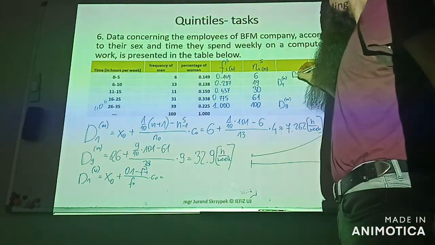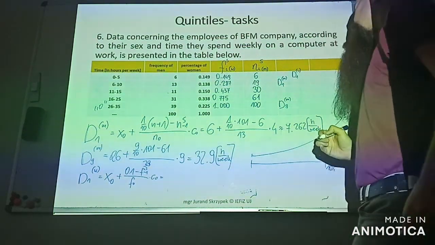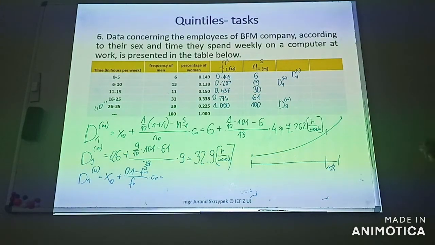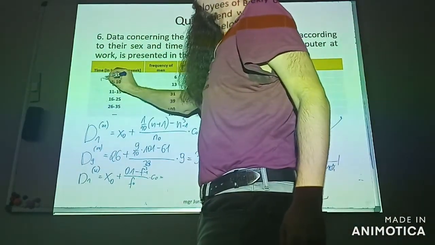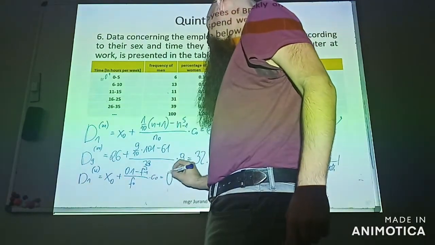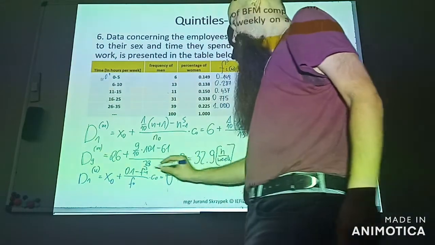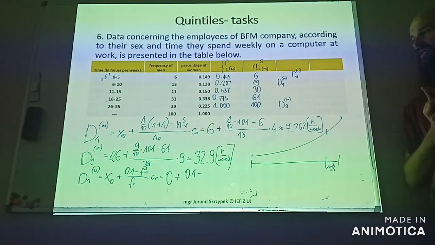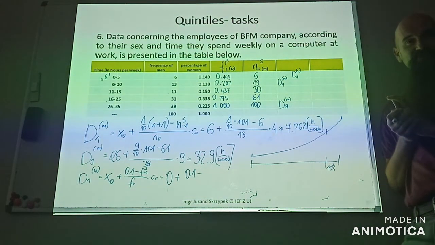So here we have the first decile for women, D1 with the W sign, and what we have here: x0, the 0 level, is simply 0, plus 10% minus the cumulative relative frequency from the previous class.